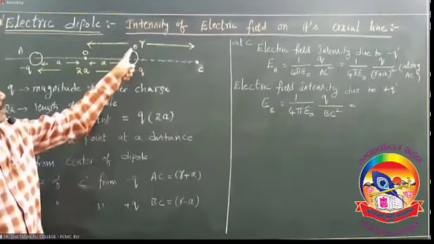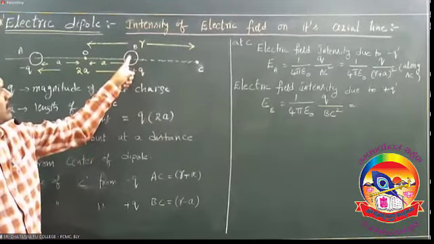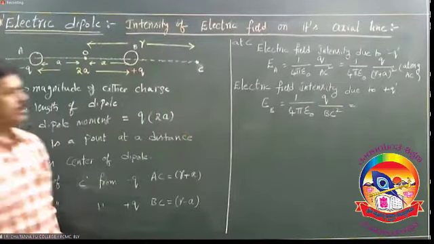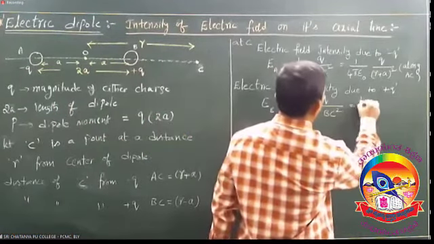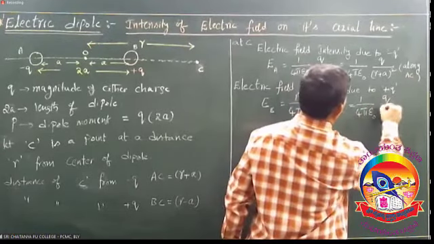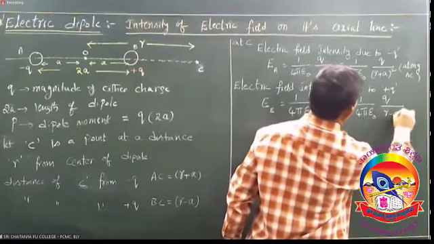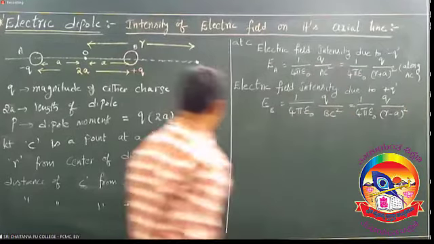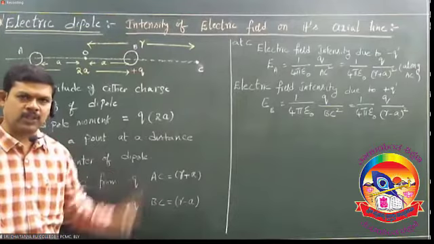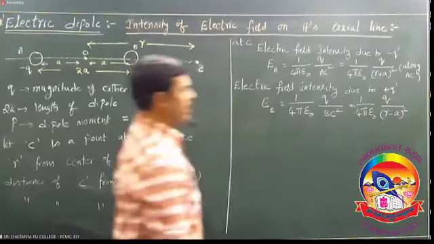Distance from here to here is BC. How much is it? 1 by 4 pi epsilon naught Q by R minus A whole square, because BC is R minus A whole square. Well, in what direction?